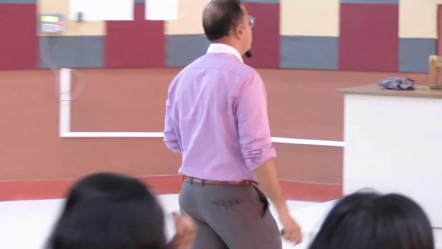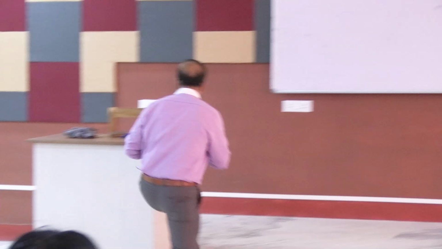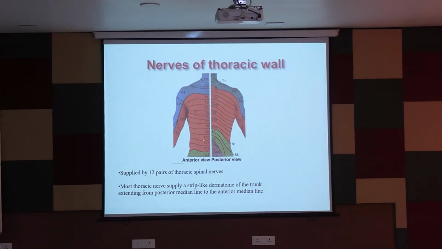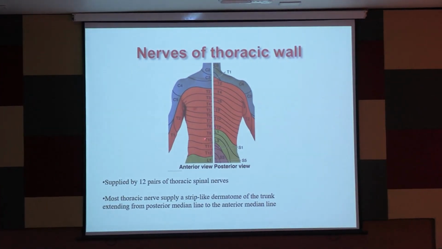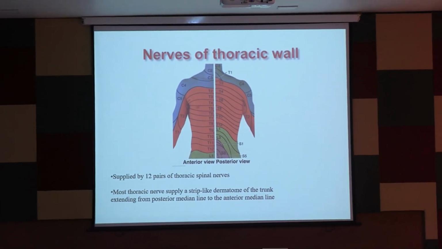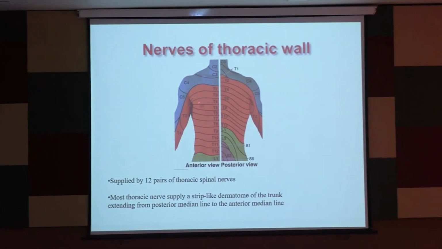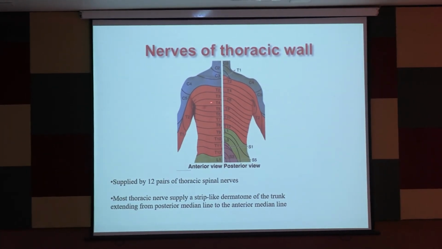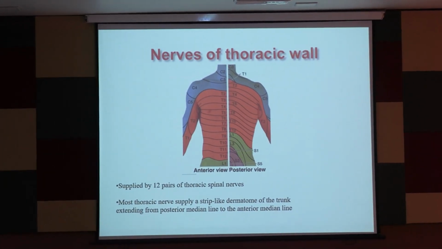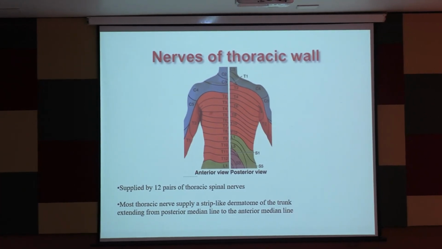Say for example, you see the umbilicus of this individual. This umbilical region, which is the abdomen part, is a landmark, and it is supplied by the dermatome T10. The nipple region is supplied roughly by the T4, T5 junction. This region, T6, is the xiphoid. So we have these particular landmarks.